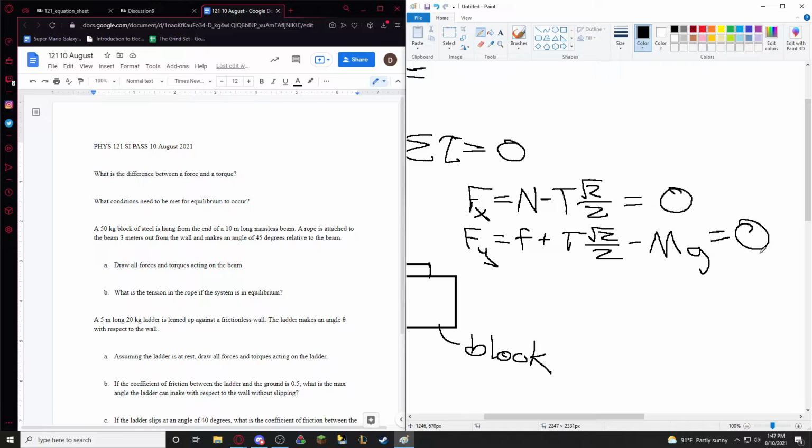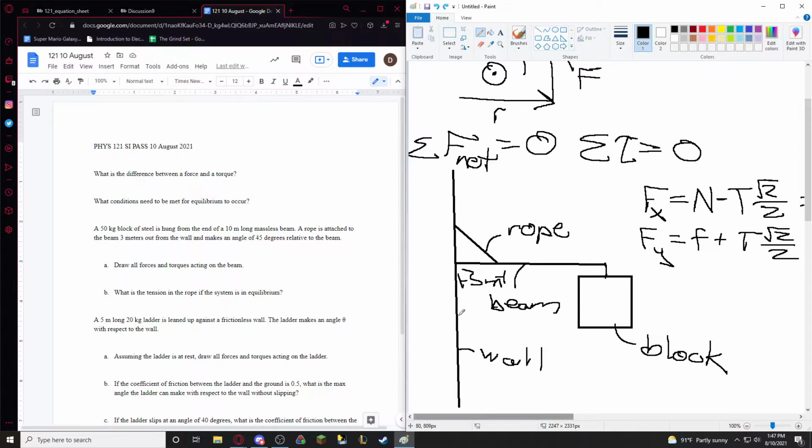Exactly. This isn't enough information to solve for our tension in the rope, because the main thing is we don't know what's going on with the frictional force or the normal force. We just don't know what they are. So we need to also take into account the torques, because we know the sum of all torques at any point on this beam is going to be 0.